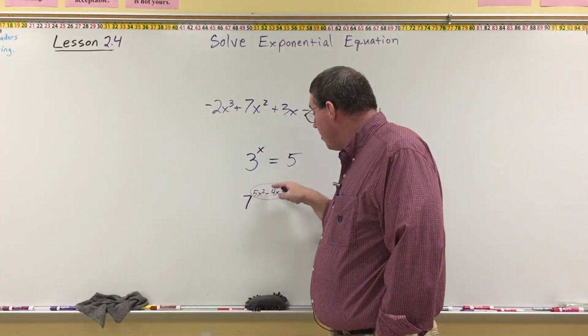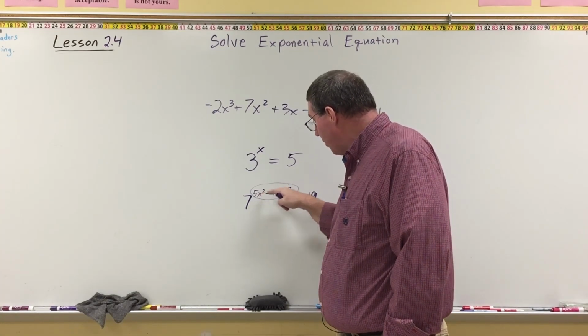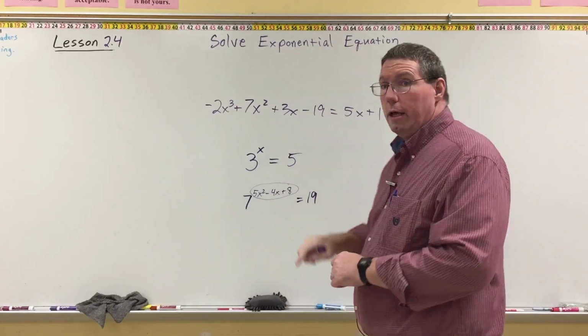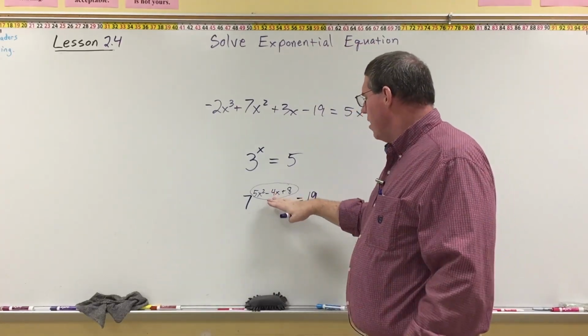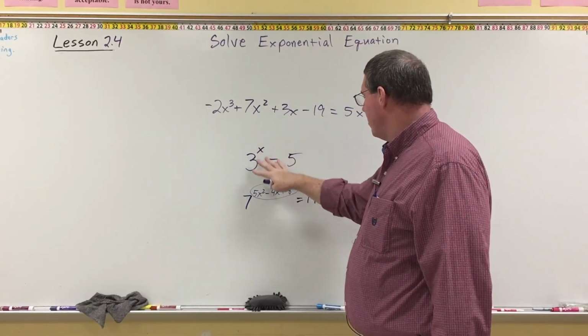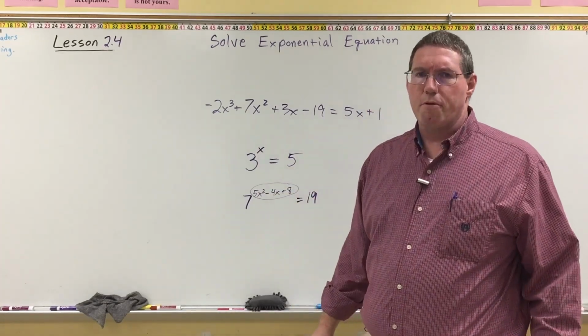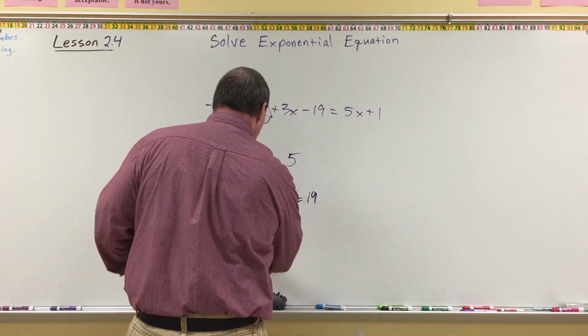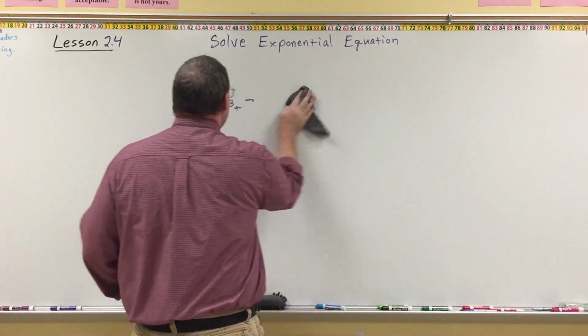But because there is a variable in the exponent, we call it an exponential equation, okay? And it's not quite as easy to solve as this, but it follows the exact same procedure. So let's go ahead and jump right in and solve some exponential equations.